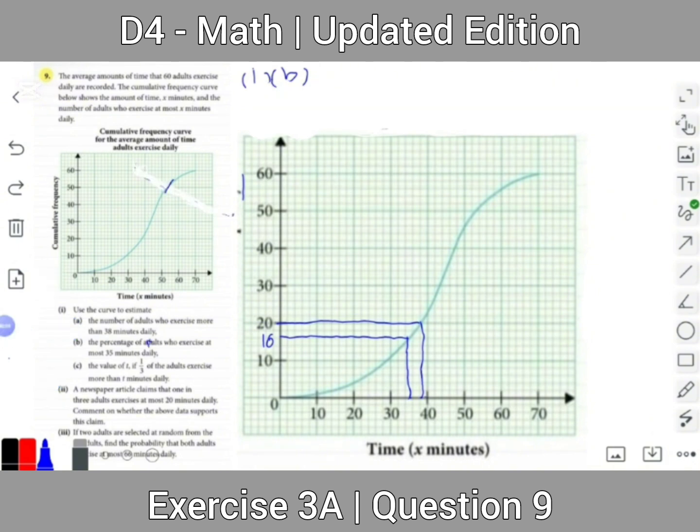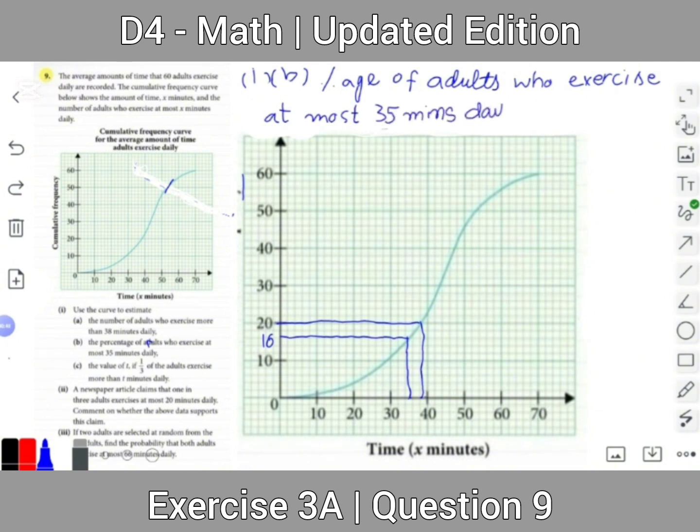In part 1b, the percentage of adults who exercise at most 35 minutes daily is equal to the number we found from the curve, which was 16, over the total number of students, which is 60, multiplied by 100%.